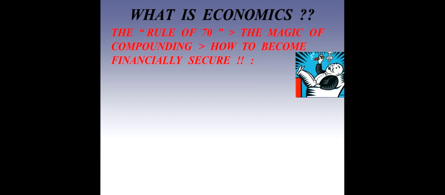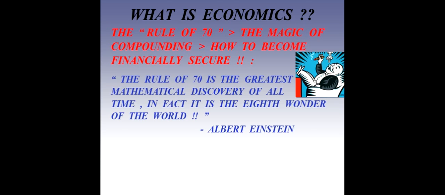The testimonial comes from a person that is considered one of the most intelligent people ever to have lived, Albert Einstein. Albert Einstein said that the rule of 70 is the greatest mathematical discovery of all time. In fact, it's the 8th wonder of the world. That's a pretty strong endorsement from a pretty bright individual.